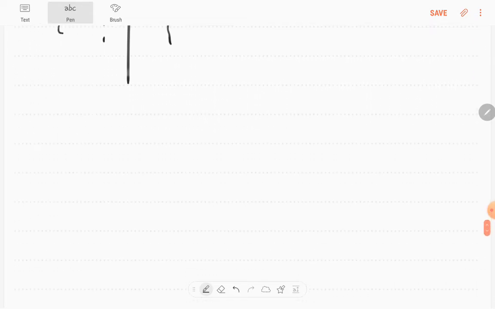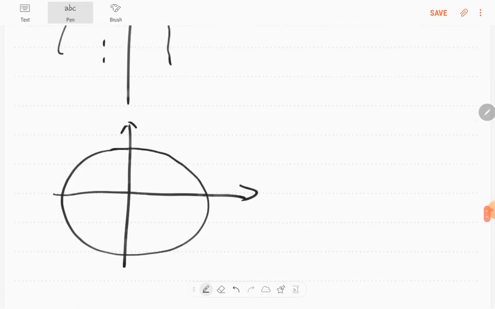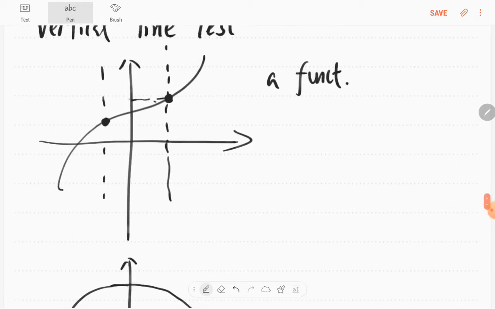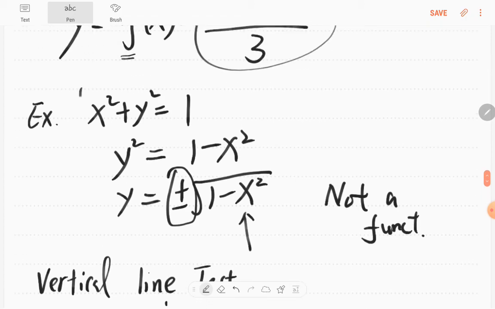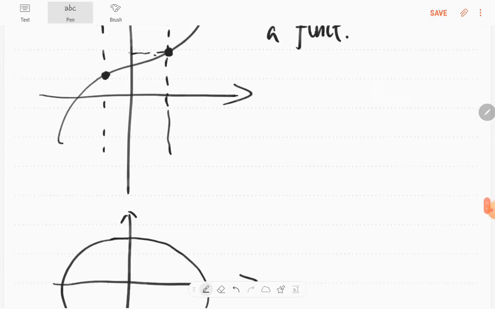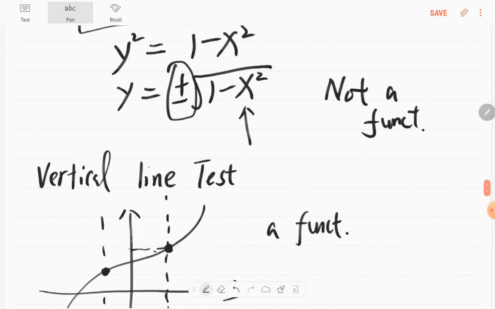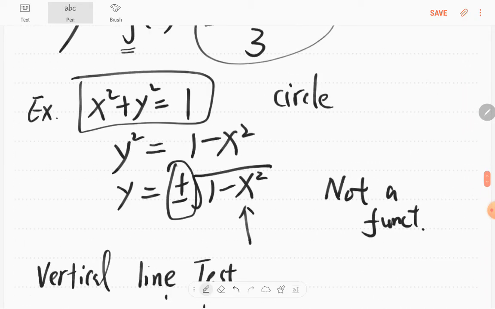But if you have a curve like this one, which is a circle, so actually this equation represents a circle. We know from the discussion here that it's not a function.